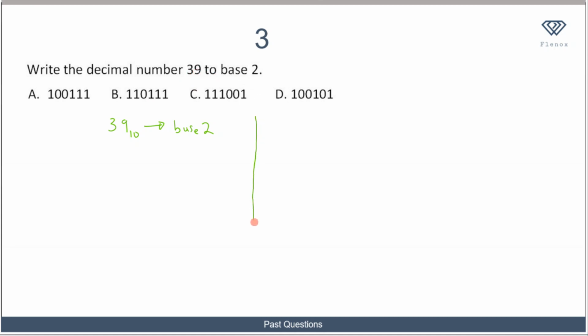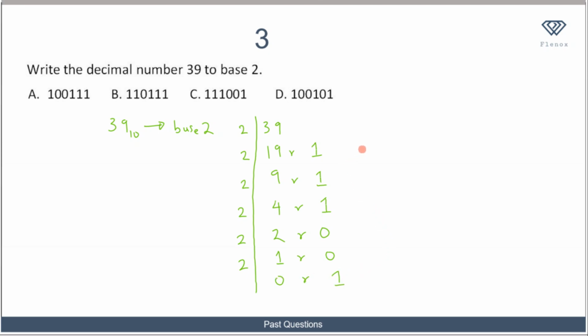We write that out, and we have 39 divided by 2. 2 in 39 is 19 and the remainder is 1. 2 in 19 is 9 and the remainder is 1. 2 in 9 is 4 and the remainder is 1. 2 in 4 is 2 and the remainder is 0. 2 in 2 is 1 and the remainder is 0. 2 in 1 is 0 and the remainder is 1.